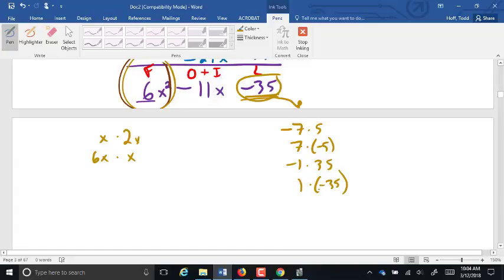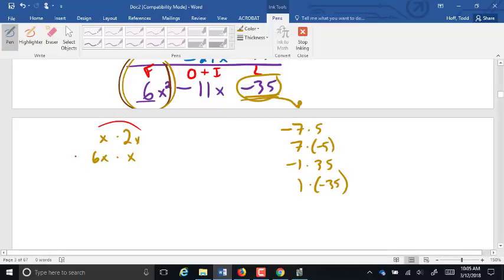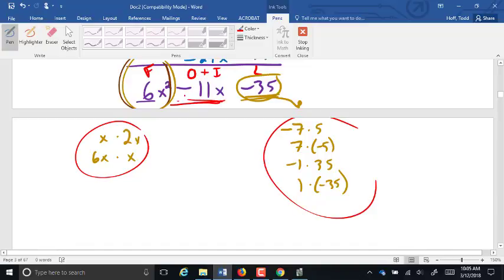Only so many possibilities that multiply to give me a negative 35. And then how do we know which one of each of these possibilities we're going to use? Well, this middle digit has to work out to be whatever the outside digits are plus the inside digits. So we can double check to see if that works out. So that's what we're going to do on Wednesday.